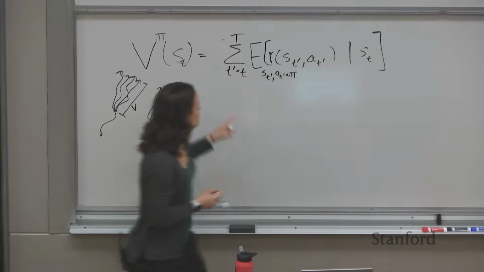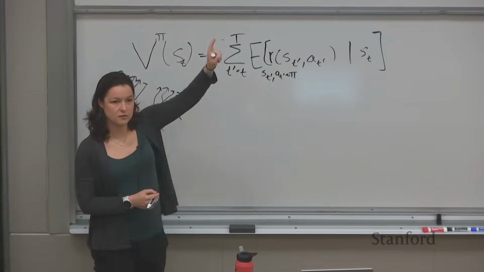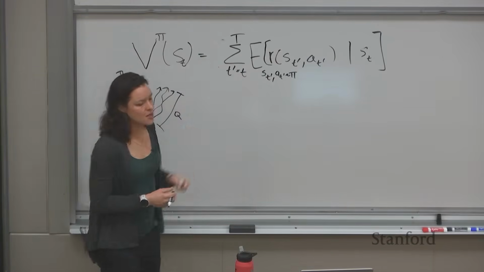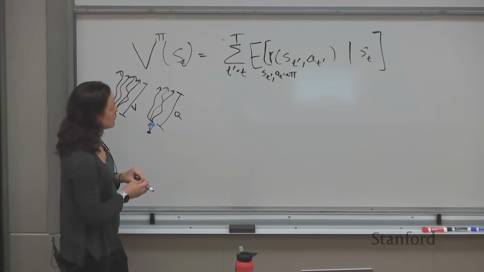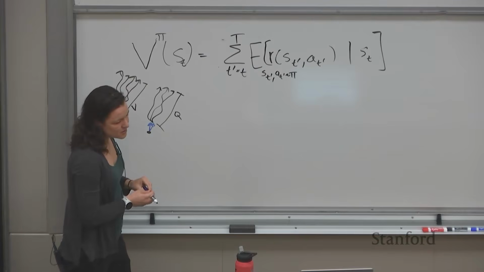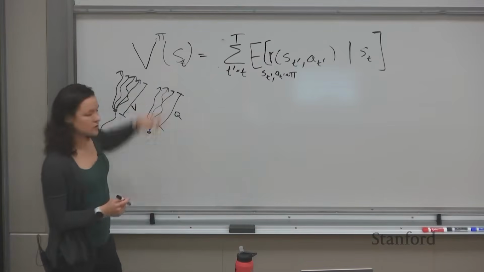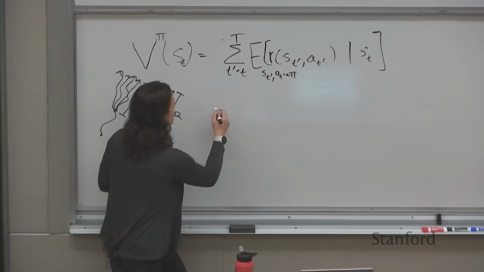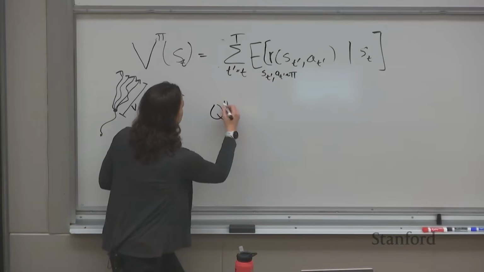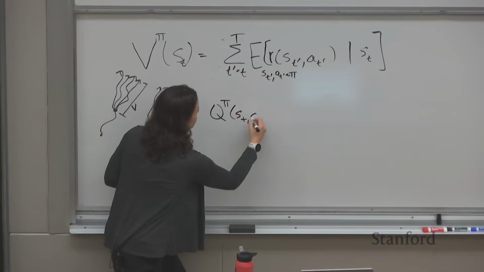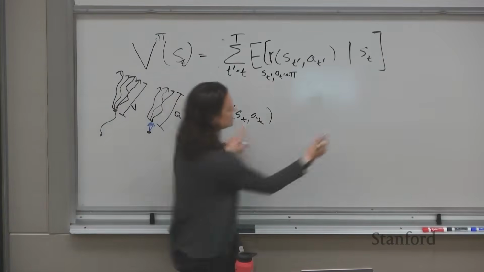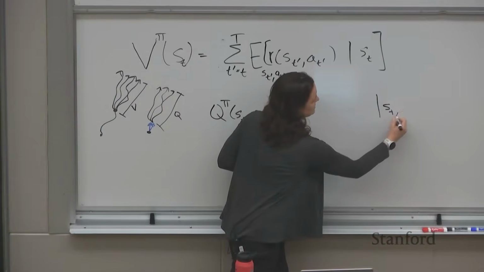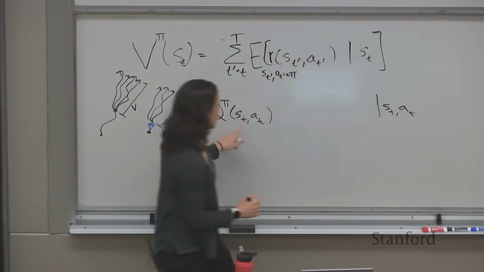Is there a way that you can get from this equation to the useful relation on the slide? Is that what you're asking? Yeah, so we can write out first what Q pi looks like. Q pi of a given state and action, we're going to assume that we're going to condition on ST AT, because that's where we're starting.